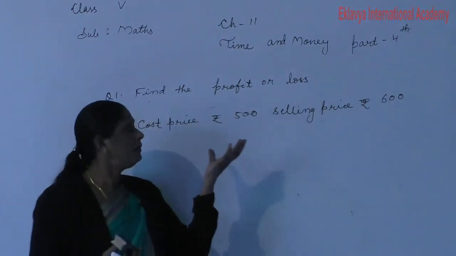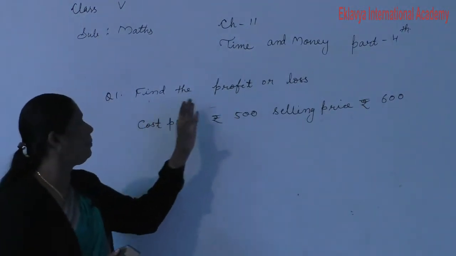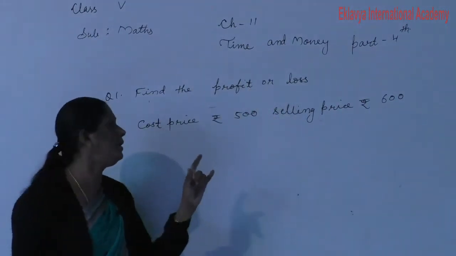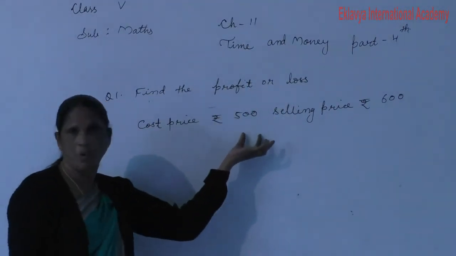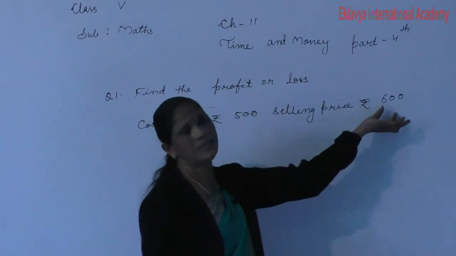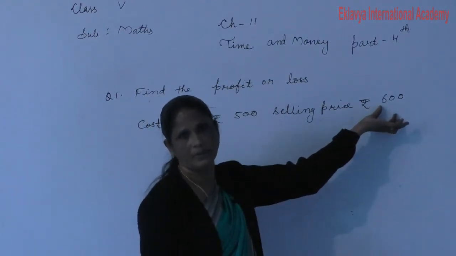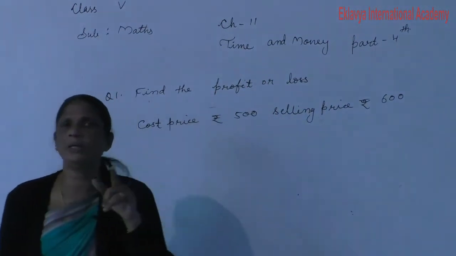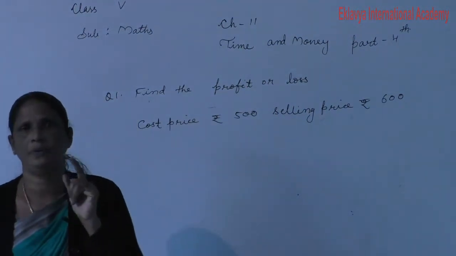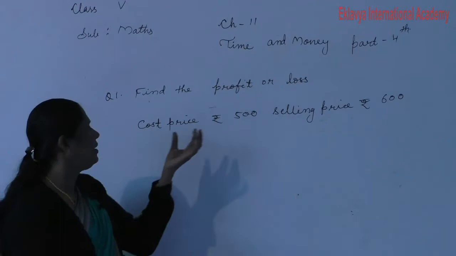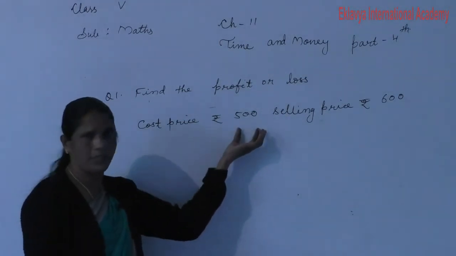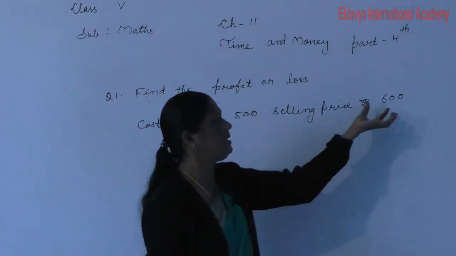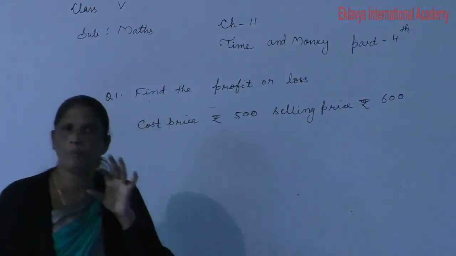Then how to find the profit or loss? Look here, cost price is smaller, selling price is greater. This is the greater price, 600 is greater, so you get a profit. Again, cost price is 500, selling price is 600, you get a profit.